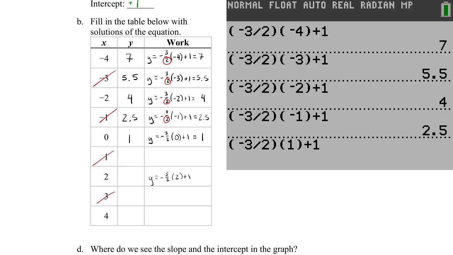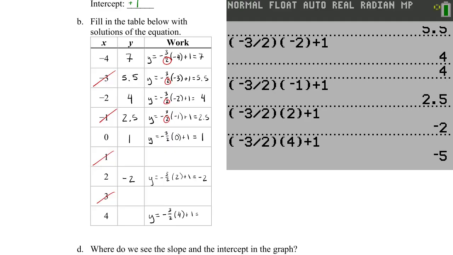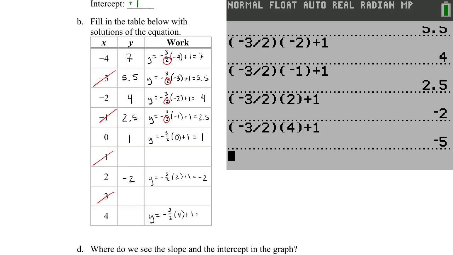I'm using the delete key to delete the negative sign and making that a 2. So when x is 2, I get y is -2. Then when x is 4, y is -3/2 times 4 plus 1. I get -5.